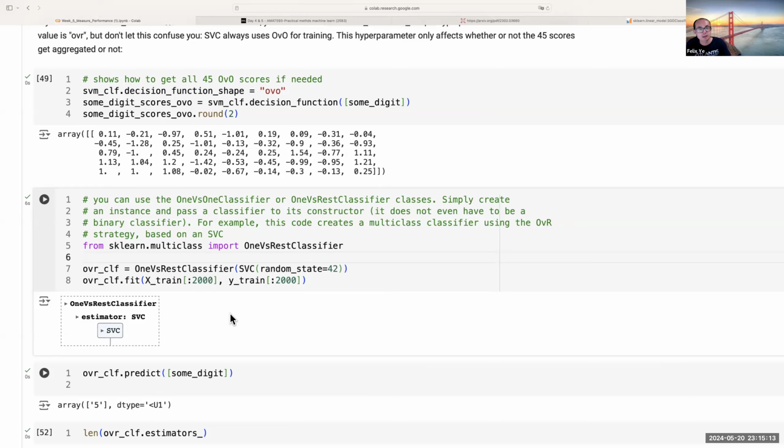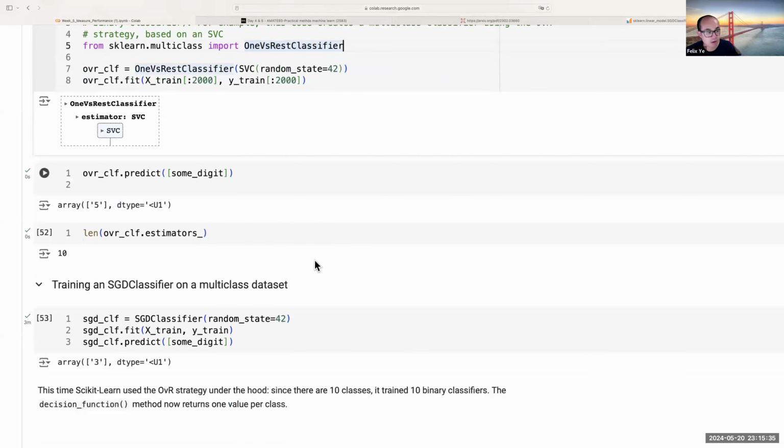This just creates an instance by passing this classifier to the constructor, and it automatically creates the one versus the rest classifiers as needed. So this is basically forcing the SVM to use a one versus the rest classifier. And of course, you are getting 5 as well.